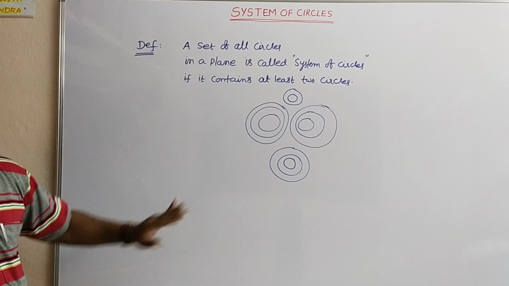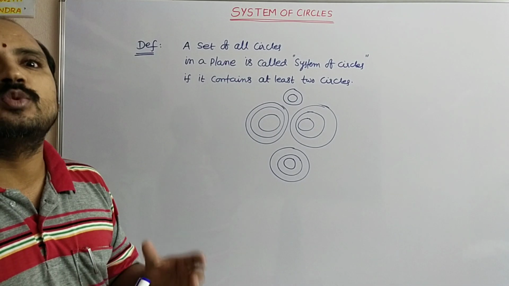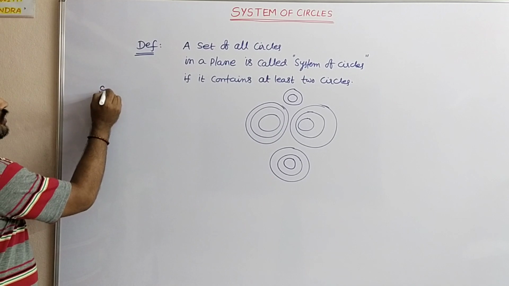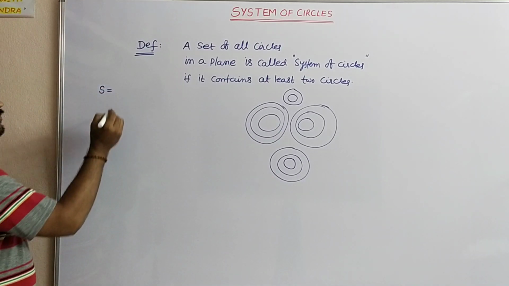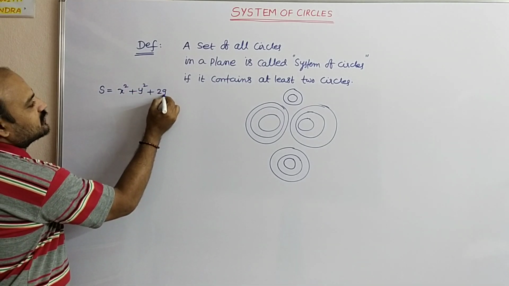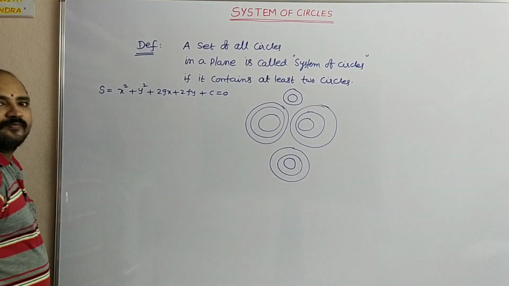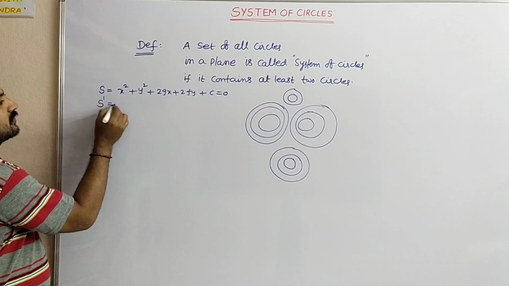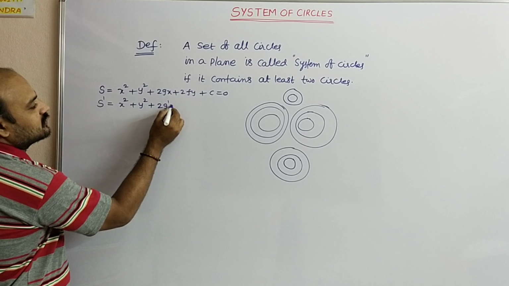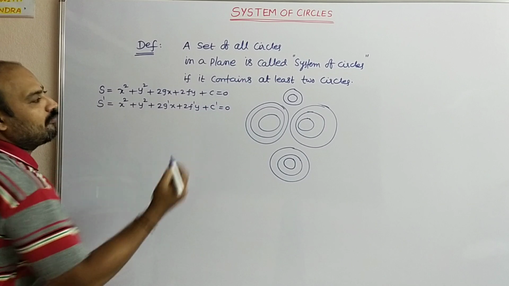After knowing the system of circles, we need to discuss the angle between two circles. See here, S equal to x square plus y square plus 2gx plus 2fy plus c equal to 0, and S dash equal to x square plus y square plus 2g dash x plus 2f dash y plus c dash equal to 0.